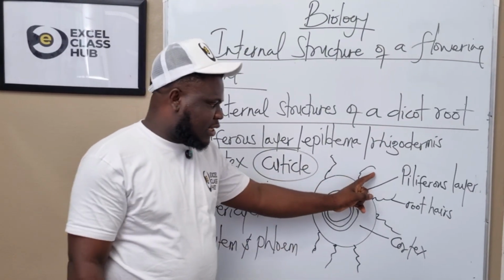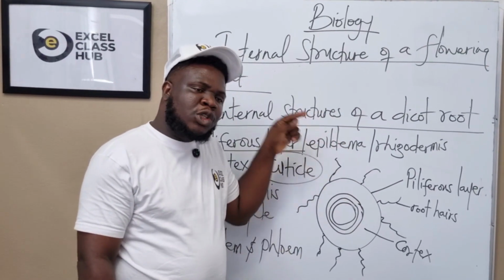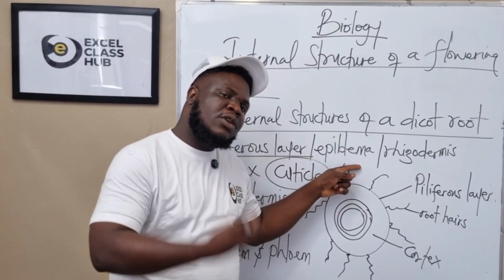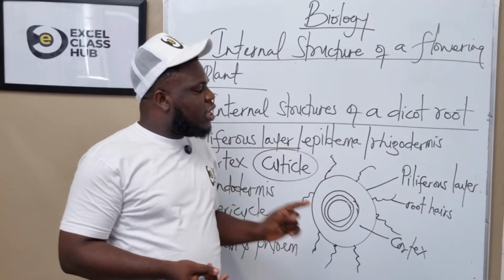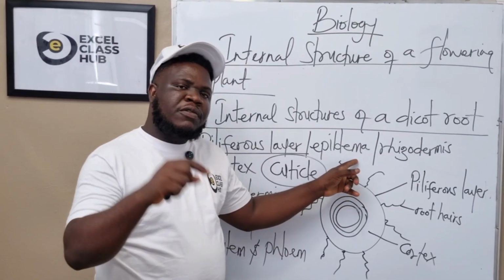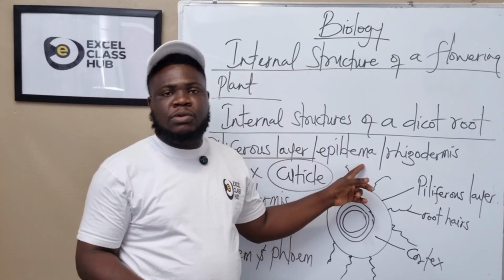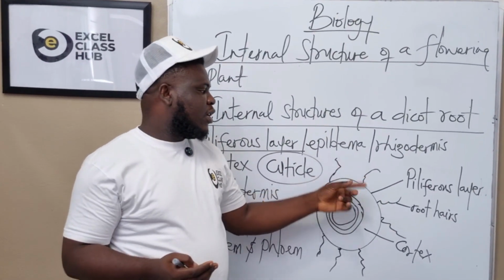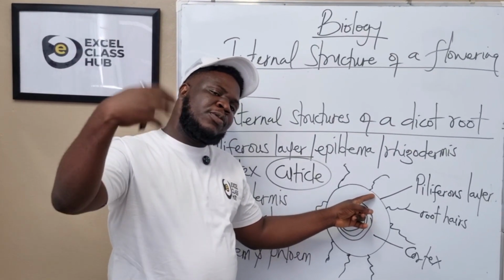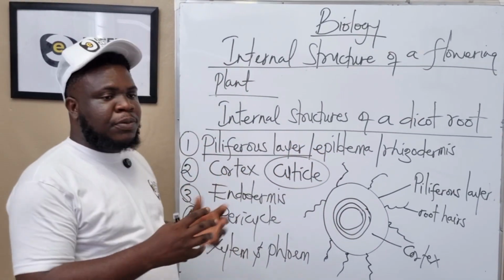Because the root hairs that are associated to the piliferous layer of a root, in fact, the major function of the root hairs is absorption of water and mineral salts. So if a root should have cortical, then the function of absorbing water and mineral salts practically becomes impossible. Because if there is a layer of wax that is blocking the absorption of water by the root hairs, then it creates a problem for the plant.